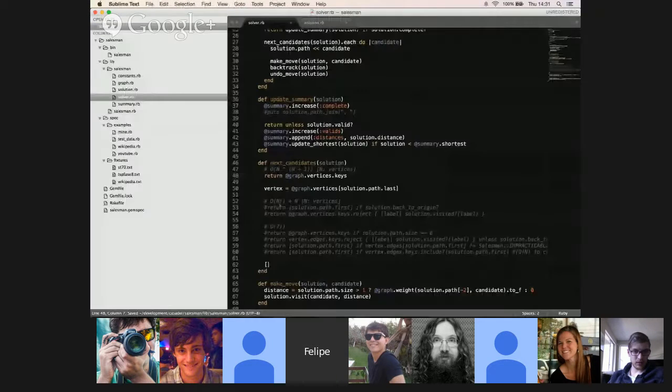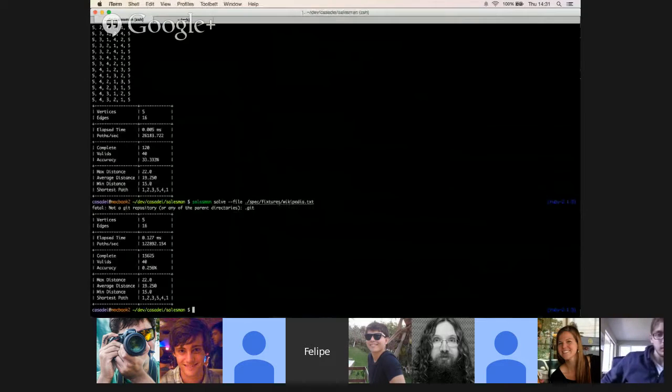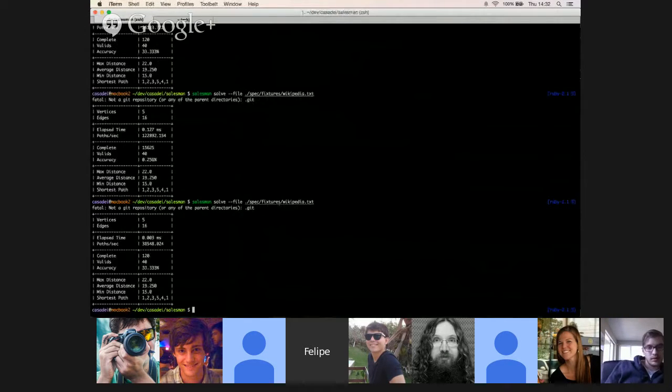Okay, so we did the small optimization here. We have exactly the same result. The minimum distance is the same. The shortest path is the same, but we have far fewer paths to analyze.